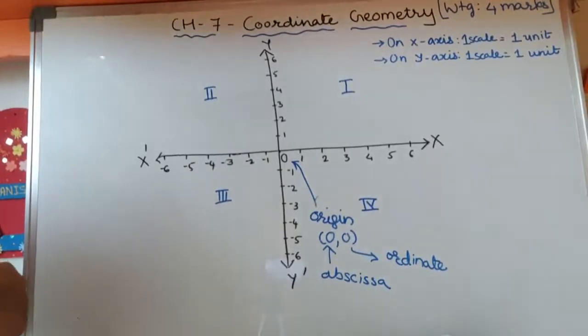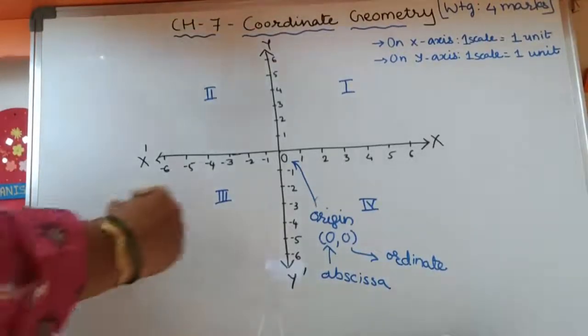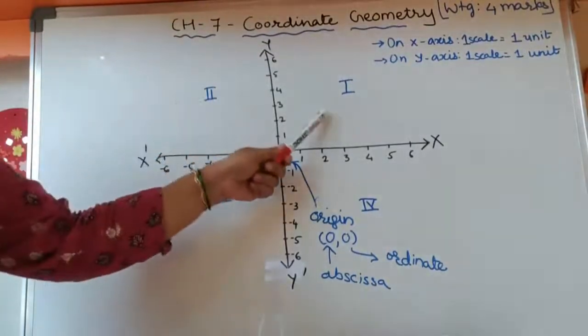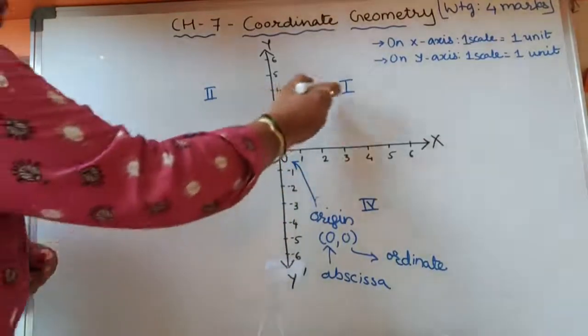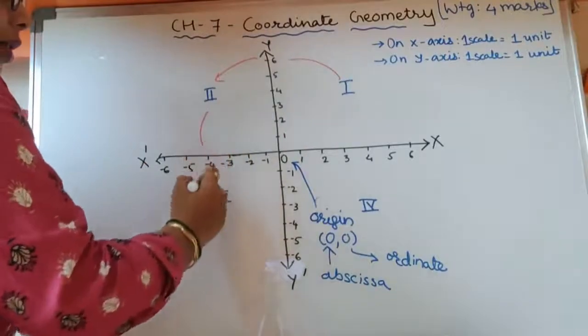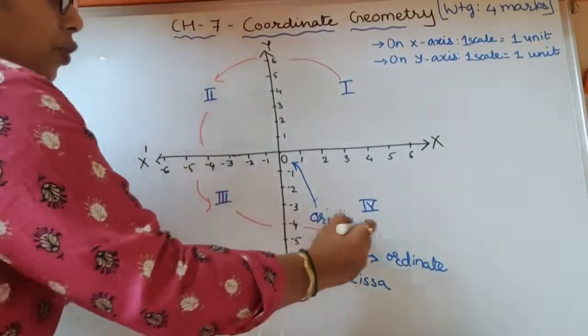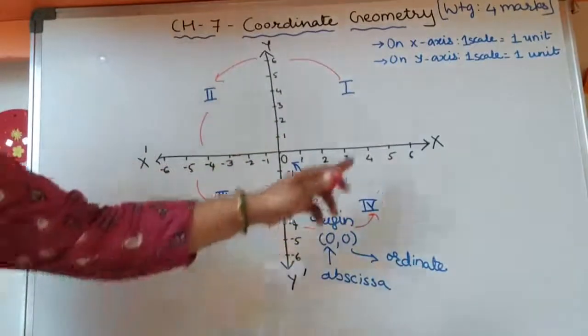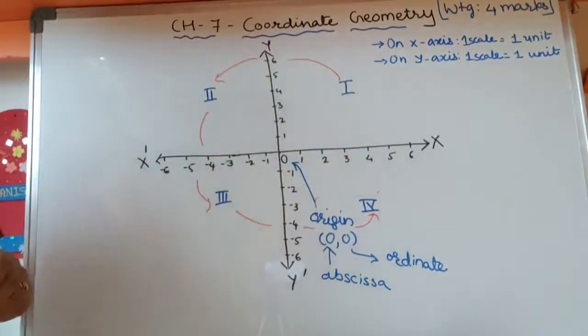So for example, if we have to locate any point, we need knowledge about in which quadrant it lies. If we take the quadrants, this is the first, this is the second, this is the third, this is the fourth one. It means we go anti-clockwise.